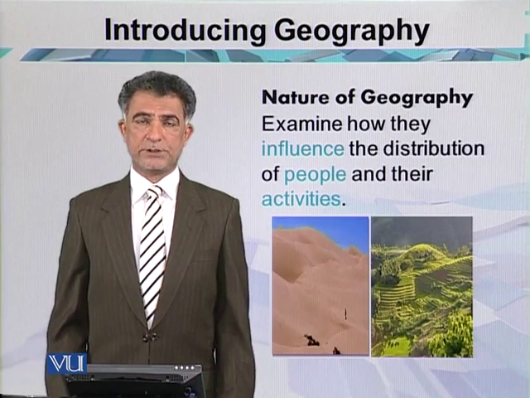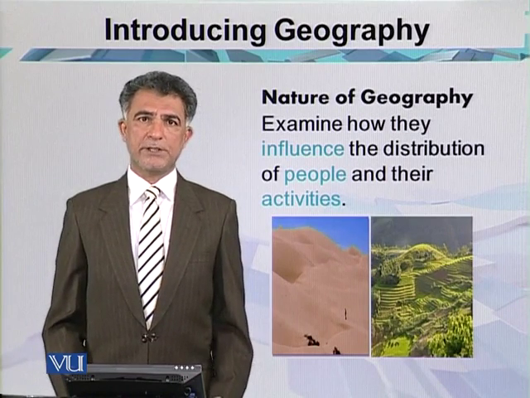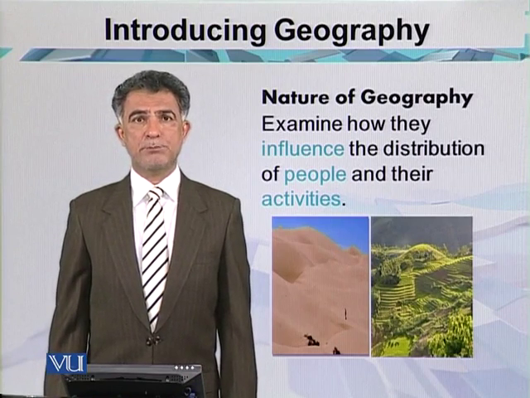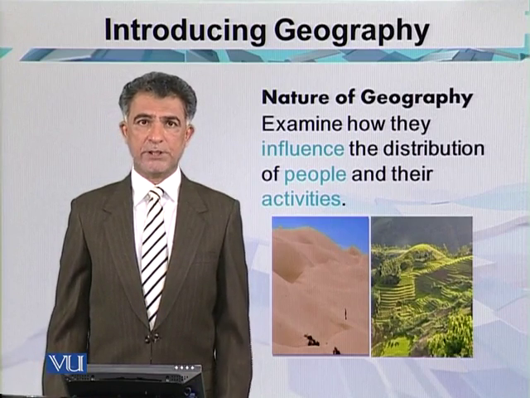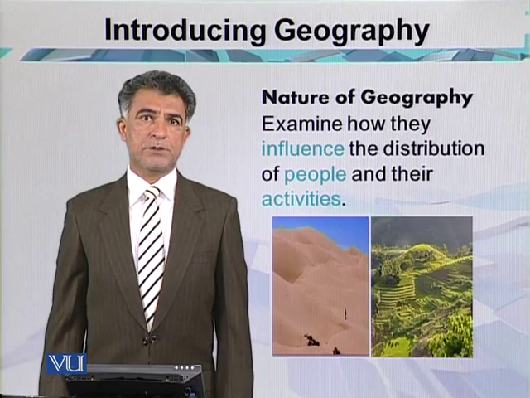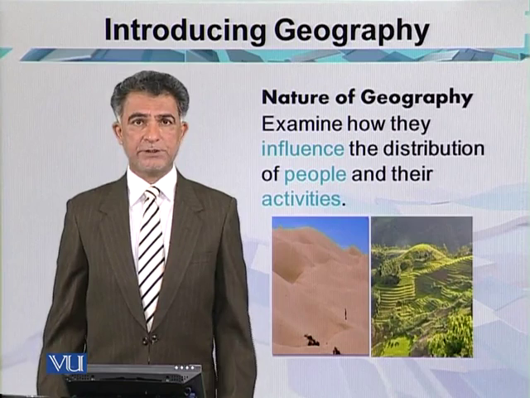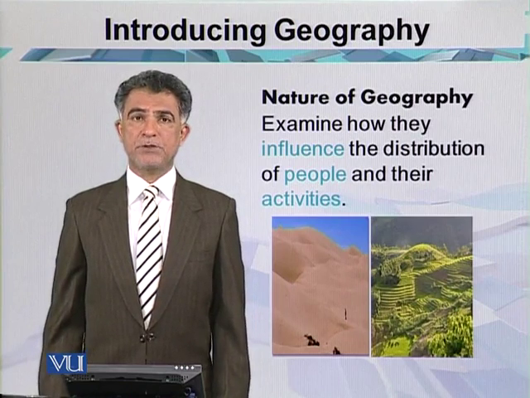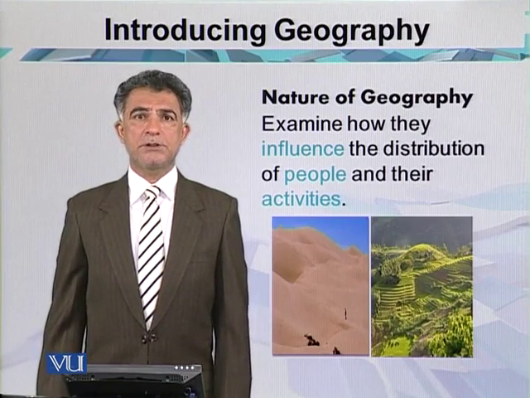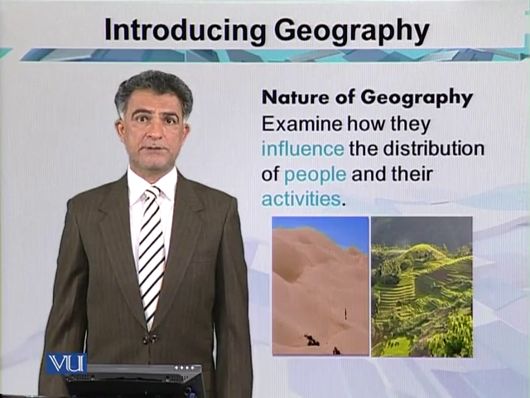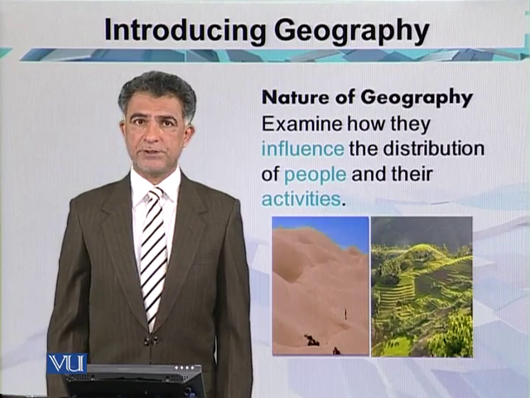You can say one belongs to the lowland area, a desert area where the shortage of rainfall is the main problem, or a drought area. This type of environment has different types of activities. The shortage of water and the absence of vegetal cover have an influence over human activities.